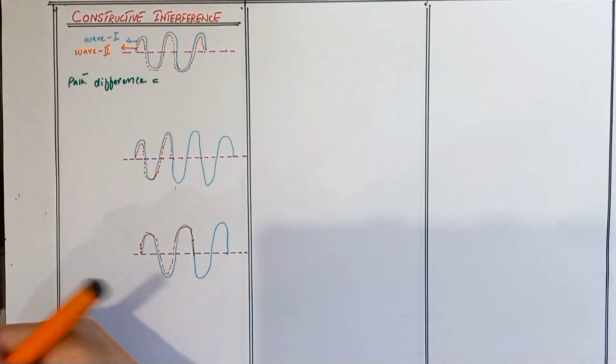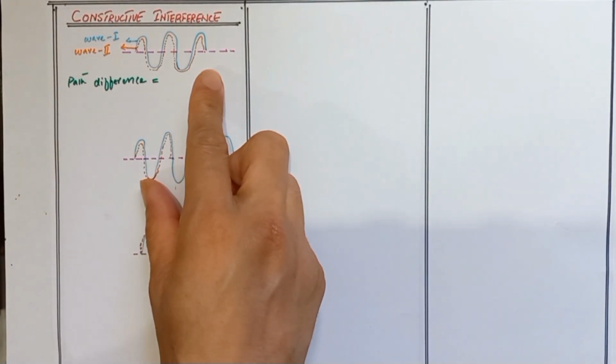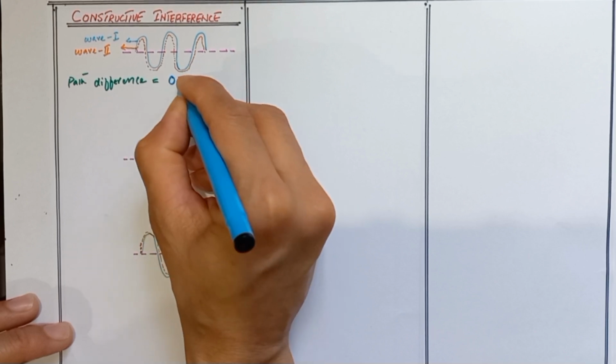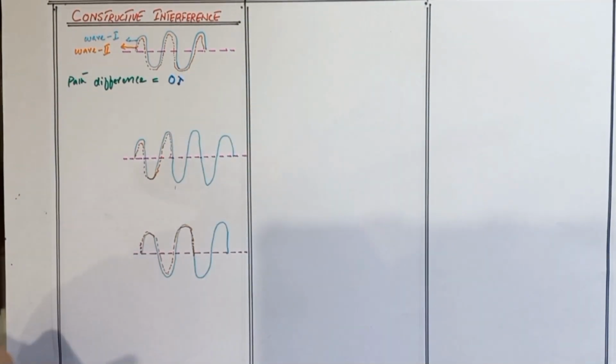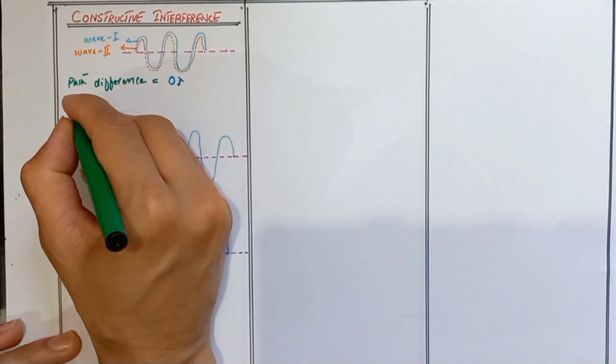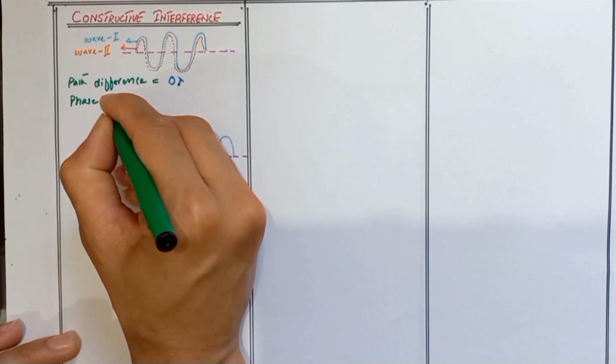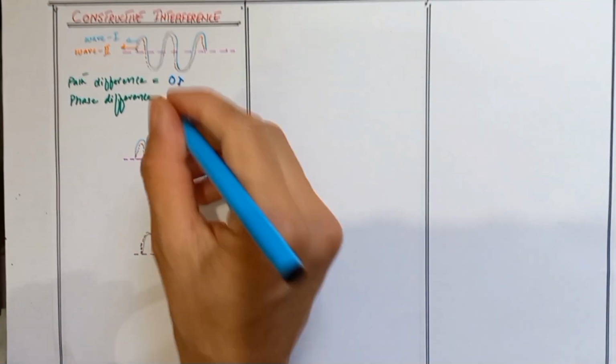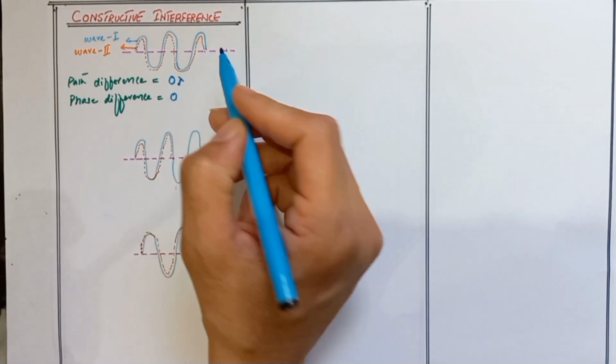In this case, both waves travel the same distance, so the path difference is 0, shown as 0 lambda, and the phase difference is also equal to 0 because both waves travel the same distance.